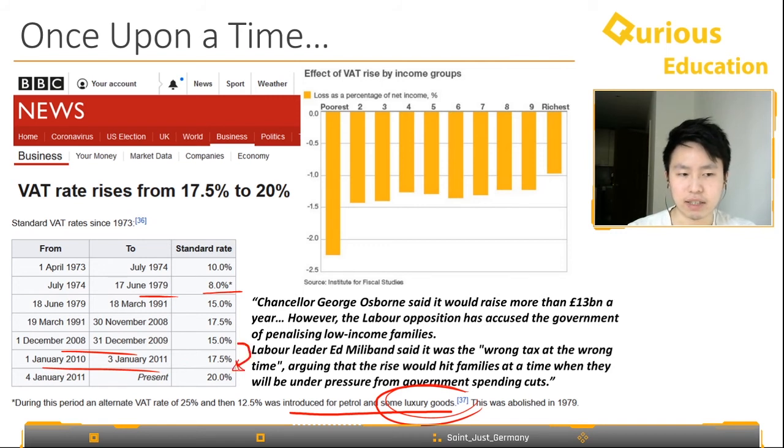And then we can see that after the financial crisis, once the economy recovered, the government increased VAT. We've talked about how tax rises aren't usually popular politically, and one of the ways around that is through VAT.